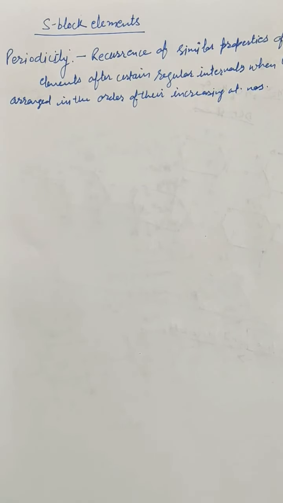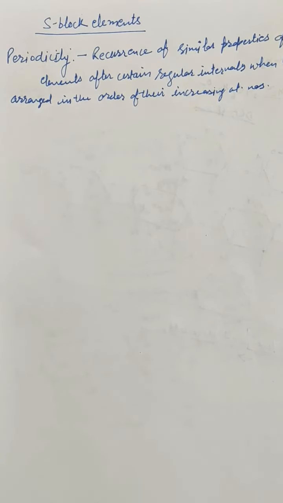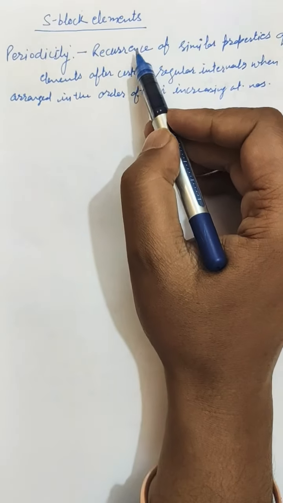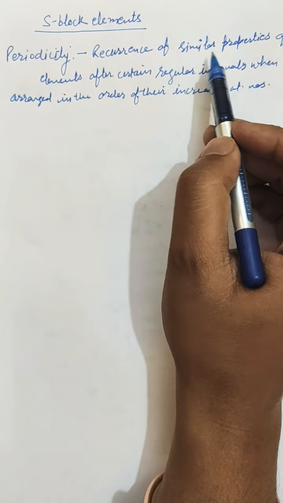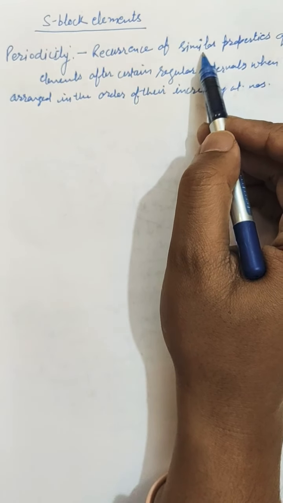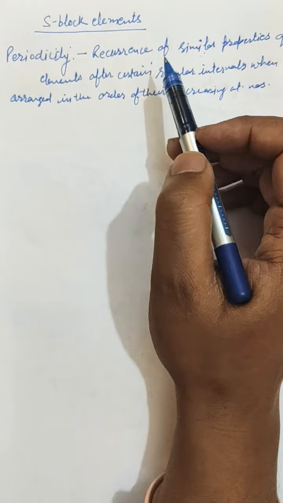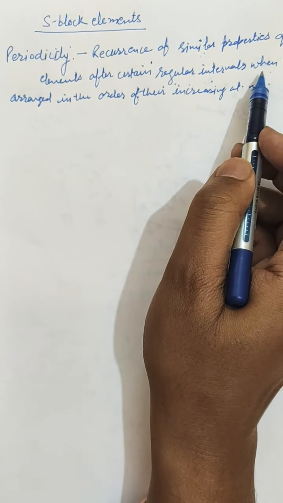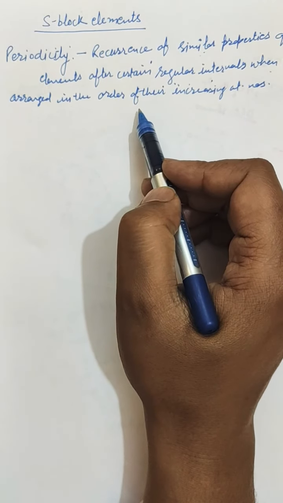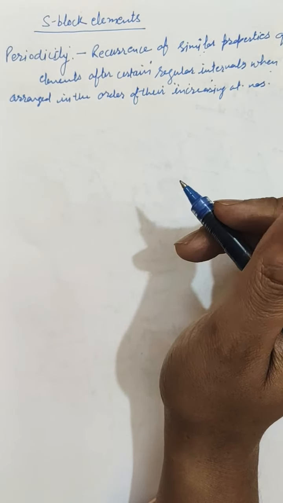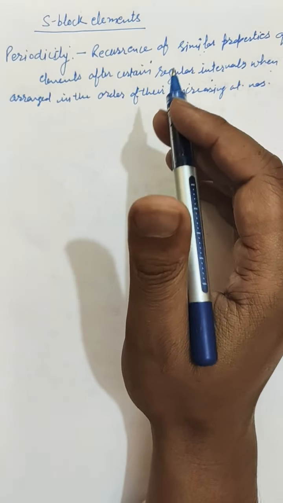And what are these properties? These are different properties like electron affinity, ionization energy, atomic radii, and other properties like that. Recurrence means they repeat themselves. So these properties, ionization energy, electron affinity and others, repeat themselves after certain regular intervals when elements are arranged in order of their increasing atomic number. You know well that the atomic number of hydrogen is 1, helium is 2, and so on.